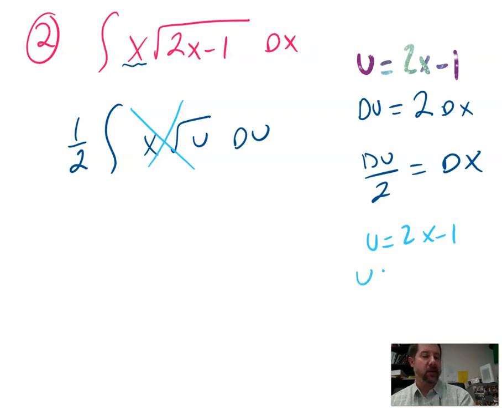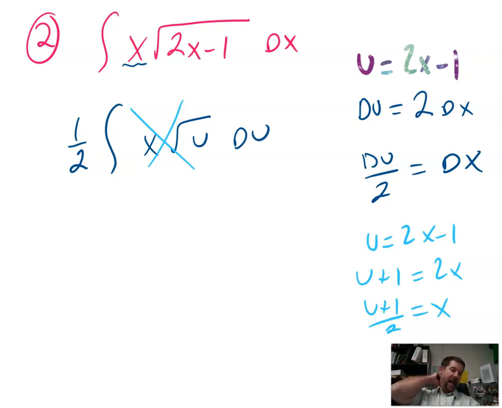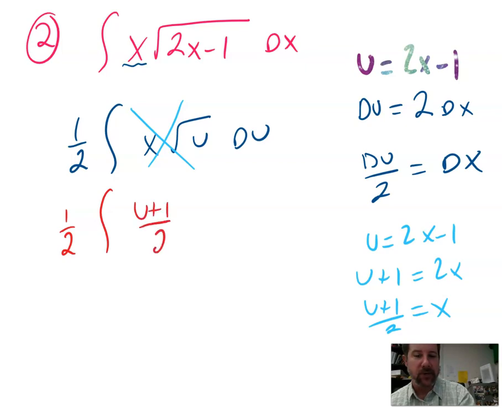So u plus 1 equals 2x, or u plus 1 over 2 equals x. Now, in the statement that was bad, we can enter 1/2 integral, where x is equal to u plus 1 over 2, times the square root of u.